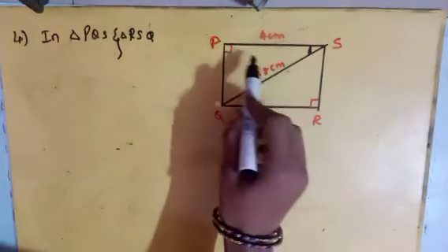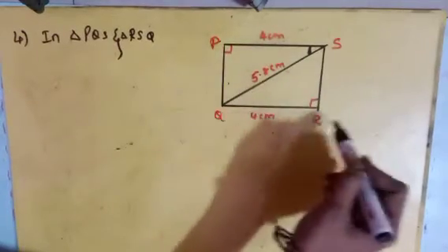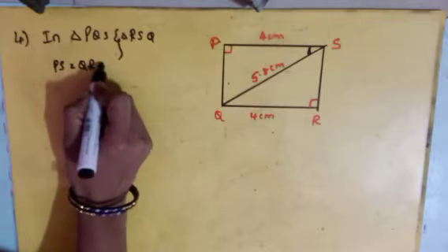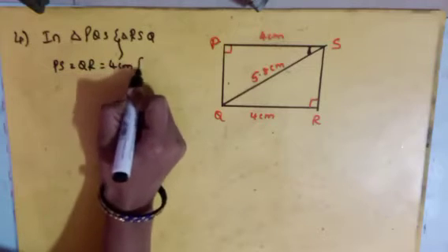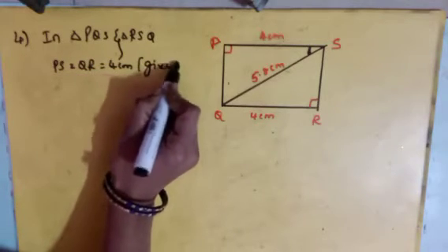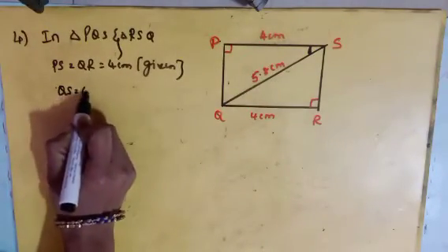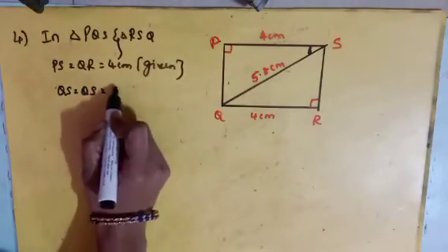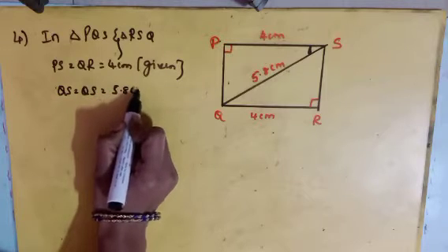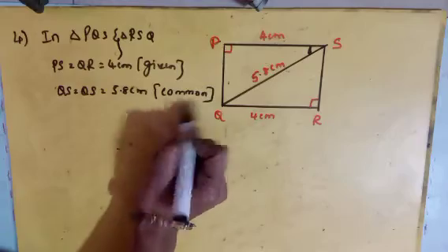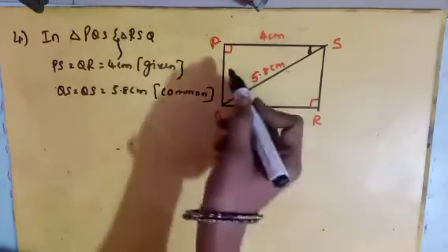So let me write the given. PS equals QR equals 4 centimeter. It is given. Next, QS equals QS, which is a common side which measures 5.8 centimeter, and this side is common to both the triangles. Next, what angle is given?